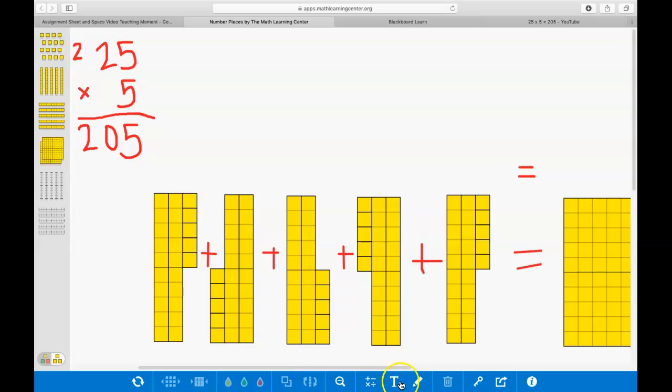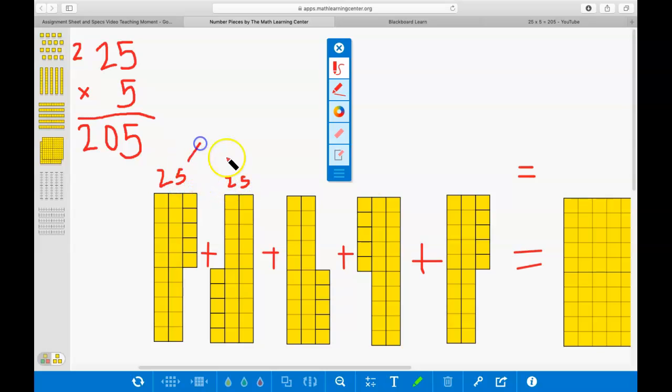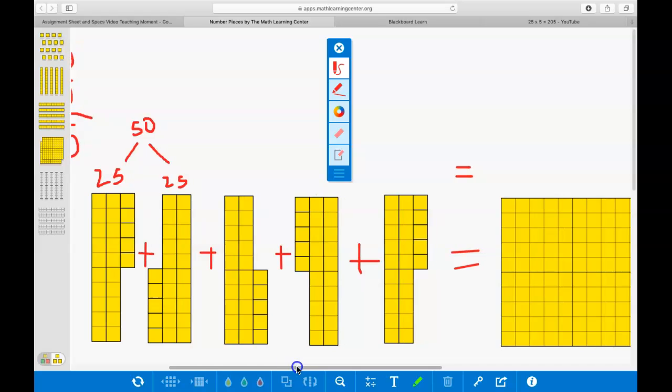So when you add, let me get my pen, 25 plus 25, what I would do personally is bring that up into 50, because I think 50 is a lot easier to add than 25's. So 25 plus 25 over here equals another 50.